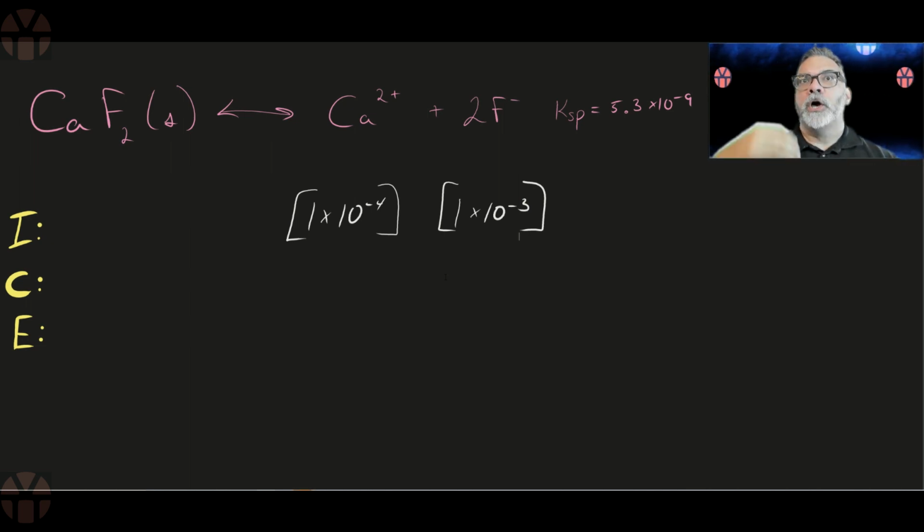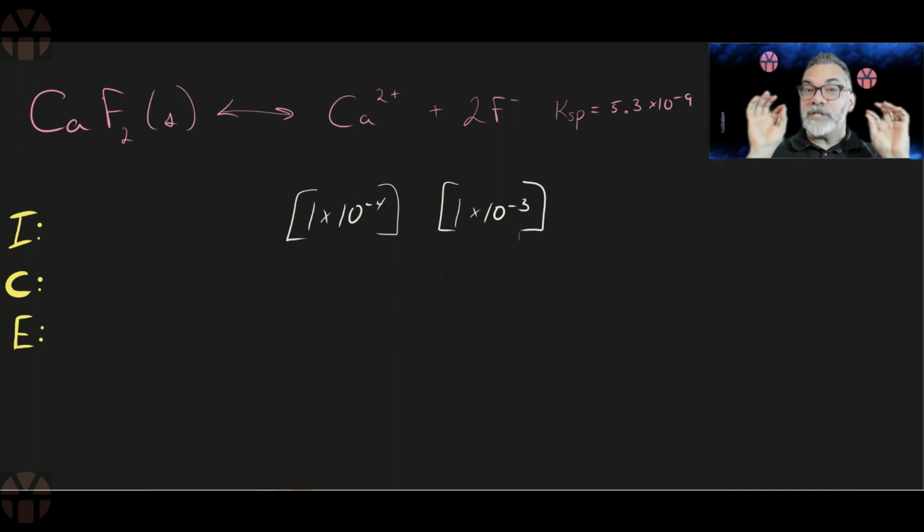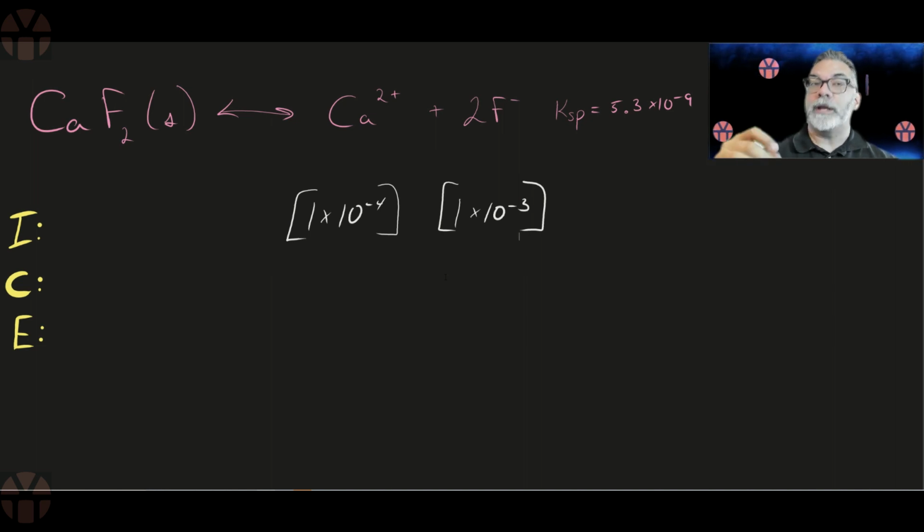In other words, will a precipitate form or not? So let's come up with the following scenario. Suppose we have a solution that initially contains 1 times 10 to the negative 4th of the calcium ion, and 1 times 10 to the negative 3rd of the fluoride ion.